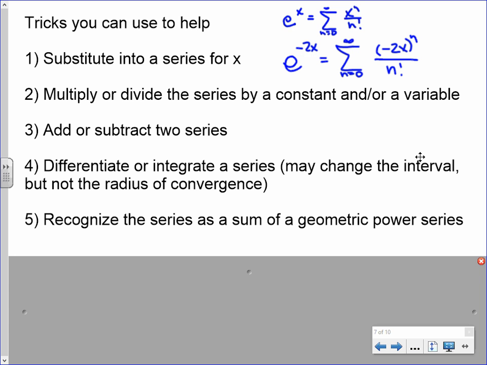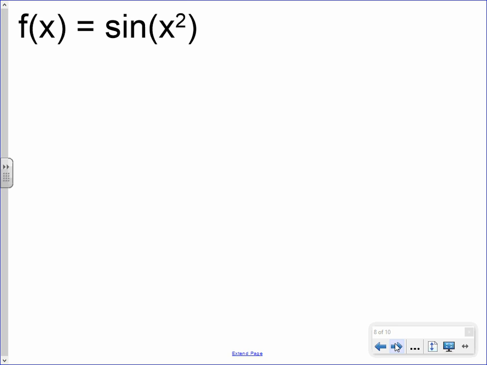Good. All right, here we go. First example. f of x is the sine of x squared. We know that the sine of x is x minus x cubed over 3 factorial plus x to the 5th over 5 factorial all the way to negative 1 to the n, x to the 2n plus 1 over 2n plus 1 factorial.